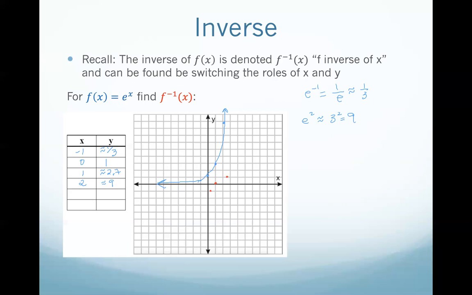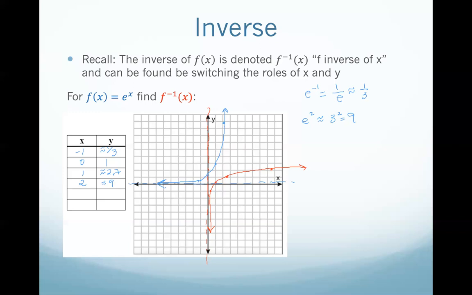And then 2, 9 becomes 9, 2. So we can see that now our graph is asymptotic not to the x-axis, but to the y-axis. It's never going to touch that y-axis because it's the reflection of a line that never touched the x-axis.